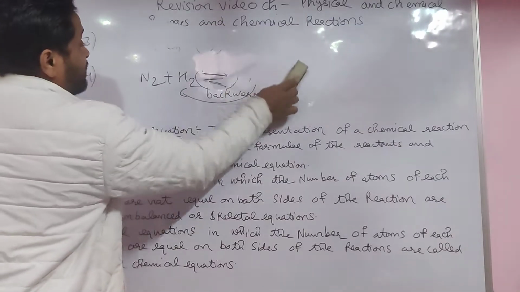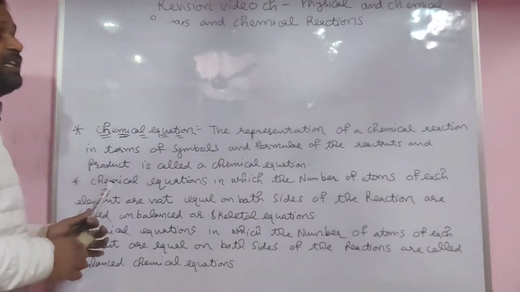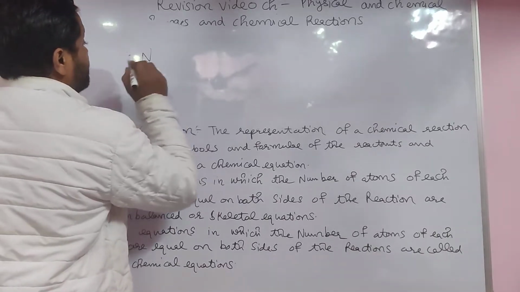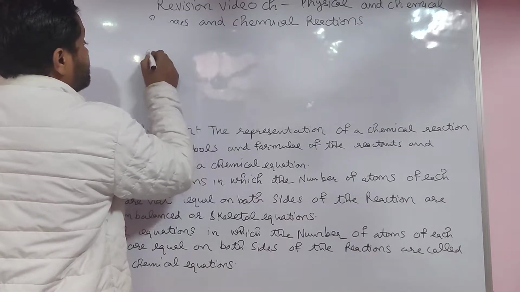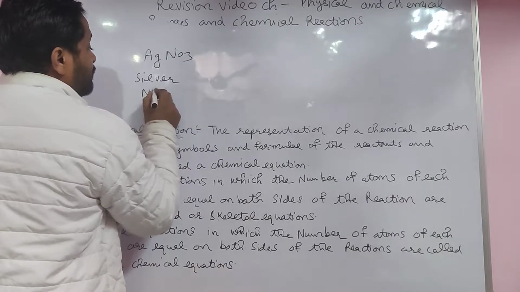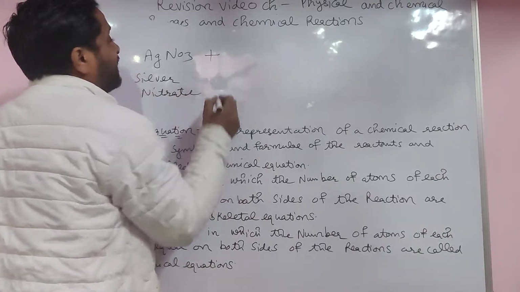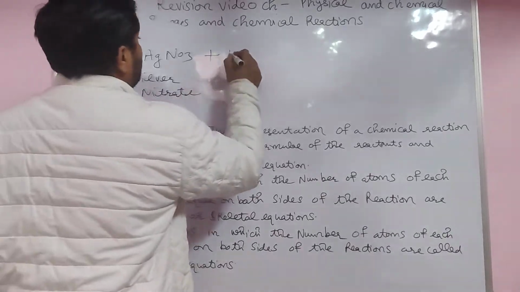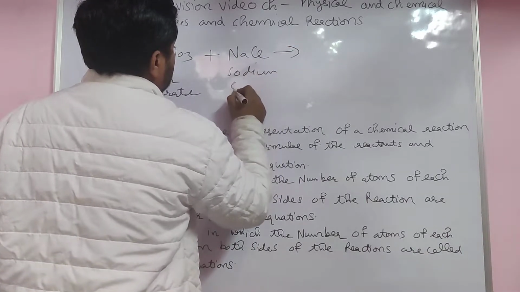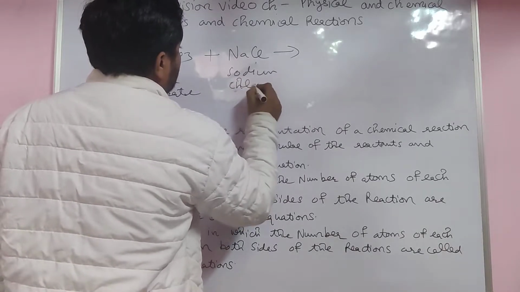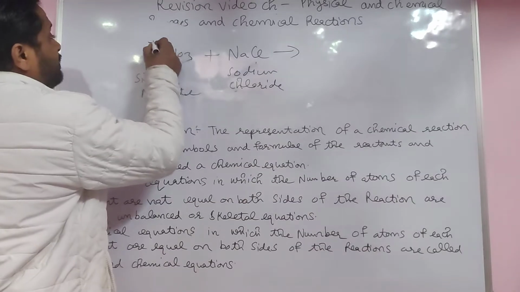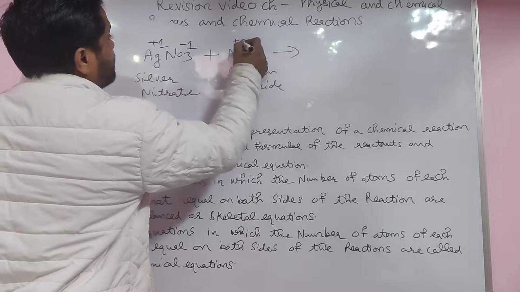Another rule: in reactions, if a precipitate forms, for example, silver nitrate reacts with sodium chloride. Silver is one positive, nitrate one negative; sodium one positive, chloride one negative.